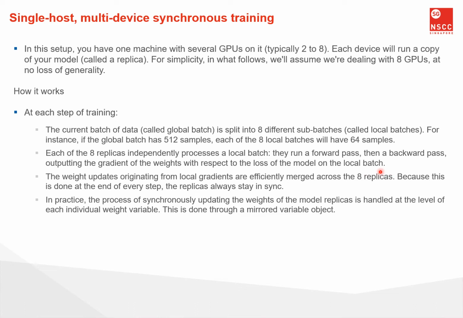So this is where they sync them together. Because this is done at the end of every step, the replicas always stay in sync. In practice, the process of synchronously updating the weights of the model replicas is handled at the level of each individual weight variable, and this is done through a mirrored variable object.